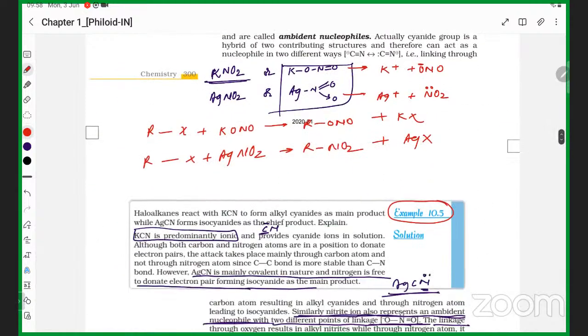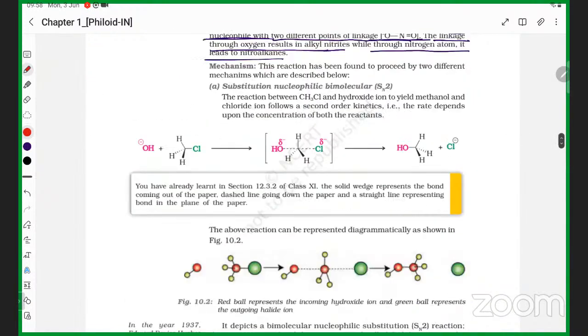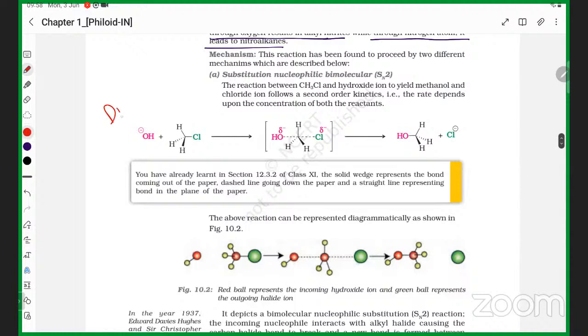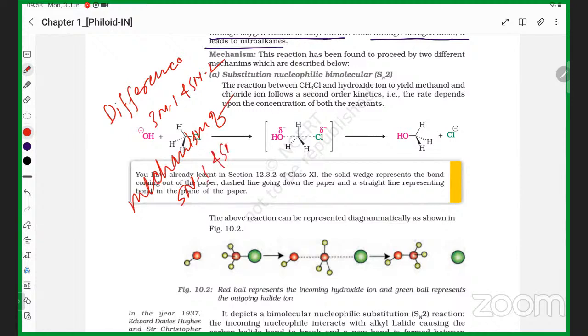Along with the reagents I told you in example 10.5, AgNO2, KNO2 with the exception, the difference between SN1 and SN2, and thirdly, the mechanism of both SN1 and SN2. You memorize these.